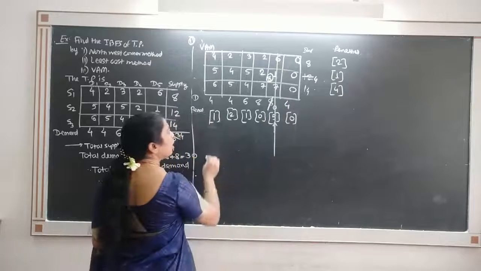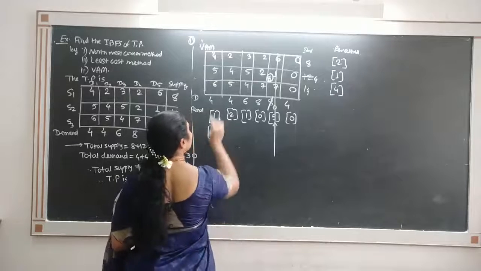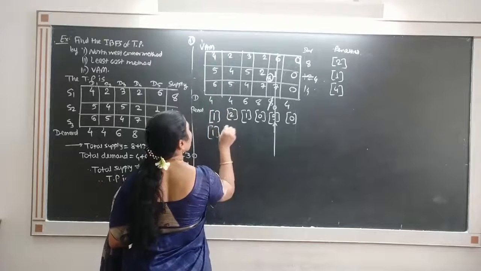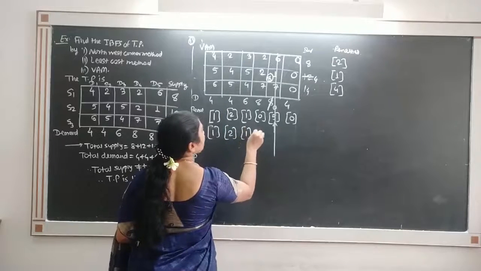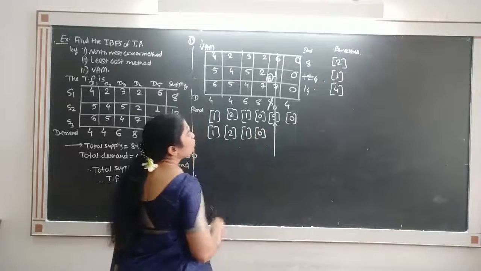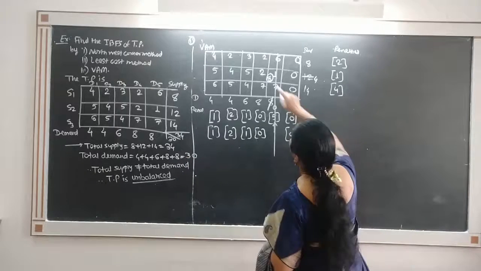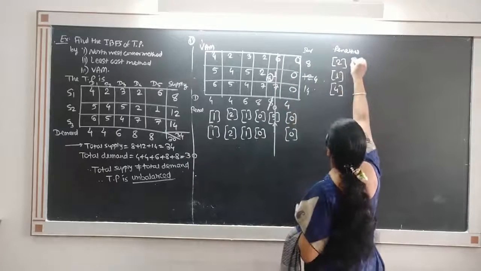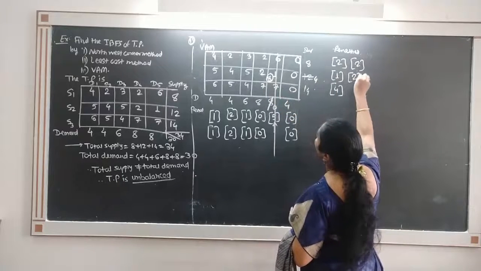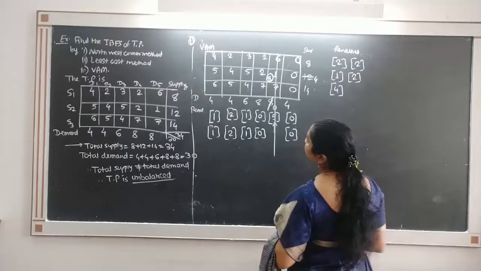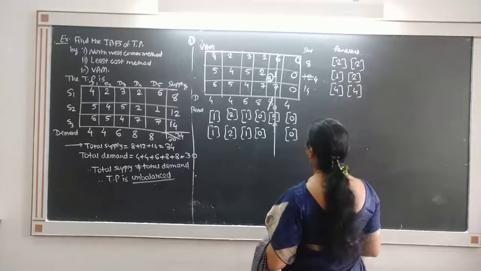For the remaining uncrossed cells, we will again find the penalties. 5 minus 4, 1. 4 minus 2, 2. 4 minus 3, 1. 2 minus 2, 0. 0 minus 0, 0. 2 minus 0, 2. 2 minus 0, 2. And 4 minus 0, 4.